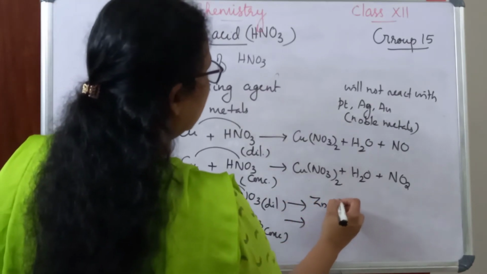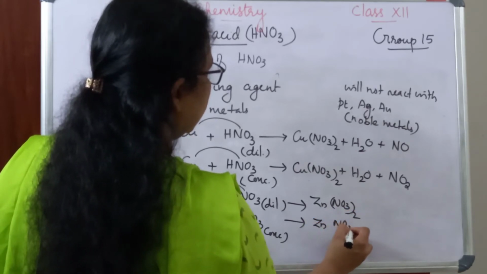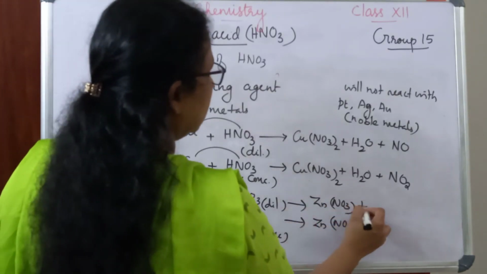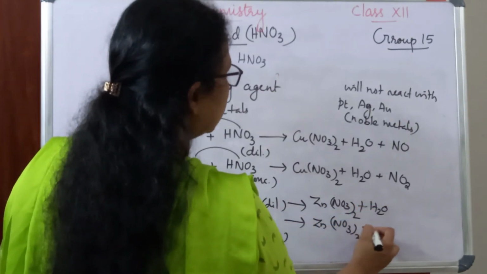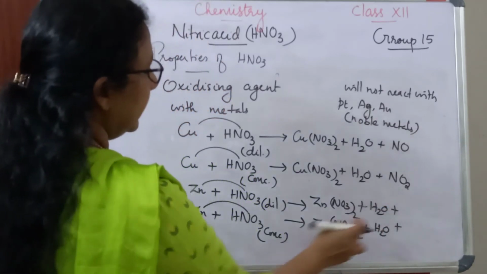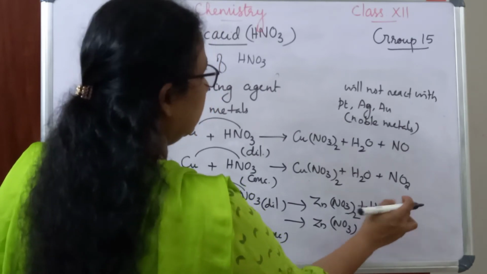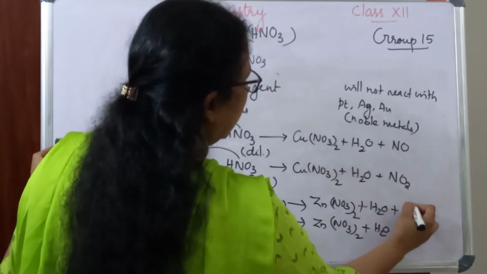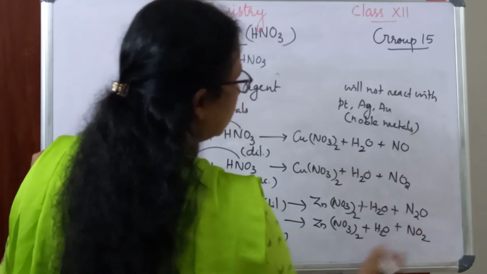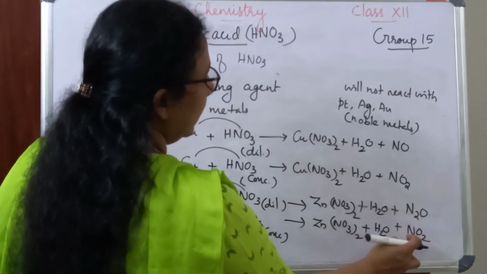Zn(NO3)2 will be the salt, zinc nitrate. Then water is another byproduct in both cases. Then the next byproduct is an oxide of nitrogen. Here it is N2O. Here it is again NO2. So this is the difference. N2O here and this is NO2.